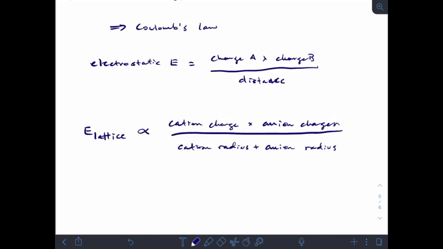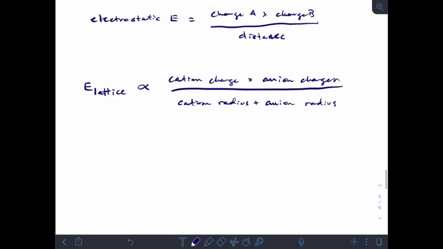Thinking about how fractions work, as your denominator gets larger, your value gets smaller. So in this case, as my radius goes up, my lattice energy goes down. Bigger atoms will consequently have lower lattice energy. So when radius goes up, lattice goes down.